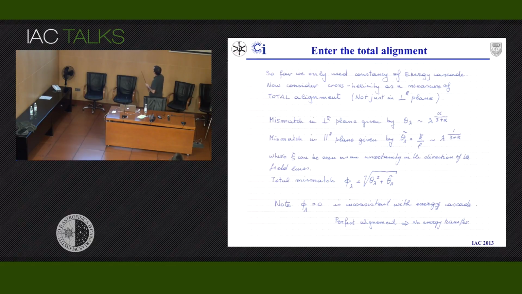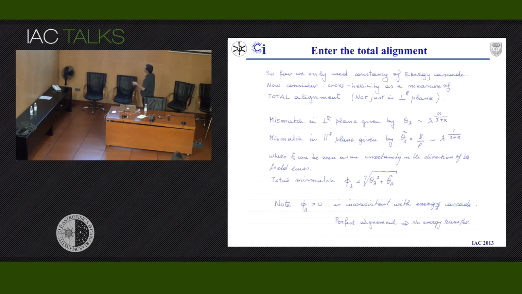All right. Now, what we've been talking about here is the alignment in the cross-perpendicular direction. But the total alignment is actually the alignment in the longitudinal direction plus the alignment in the cross-perpendicular direction, and the sum of the two is the total alignment.